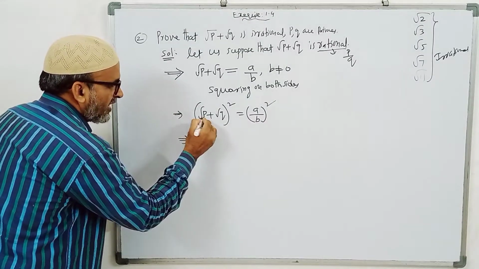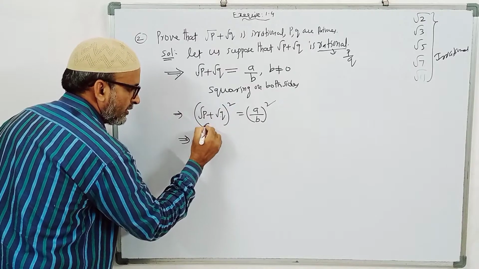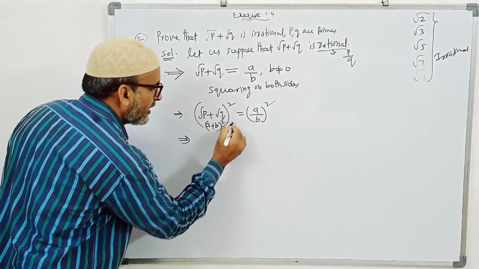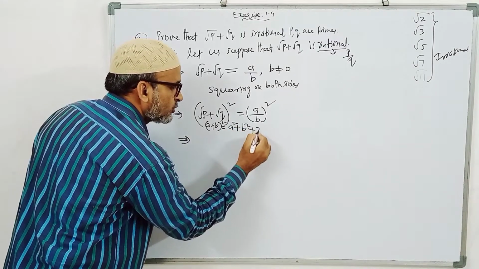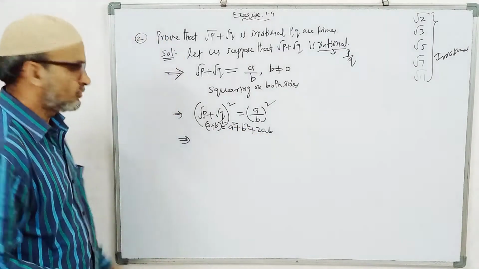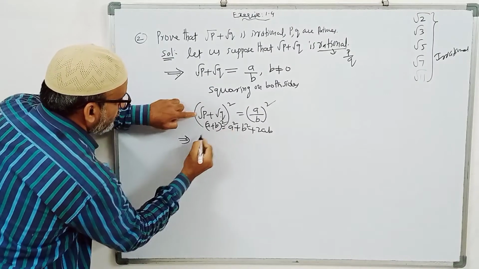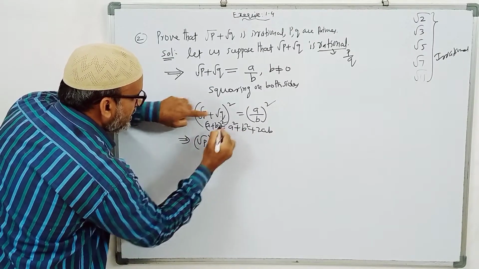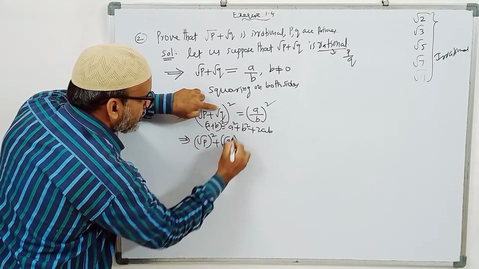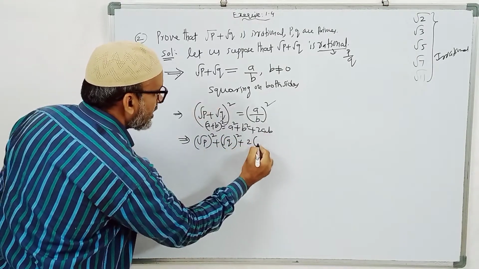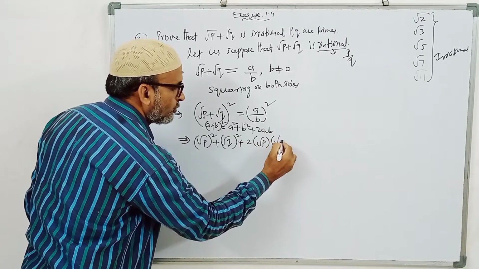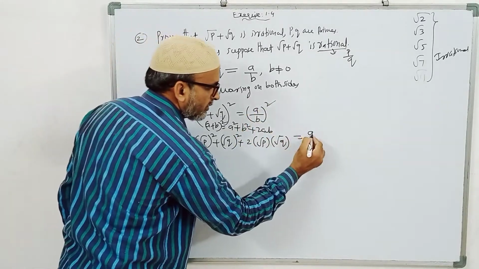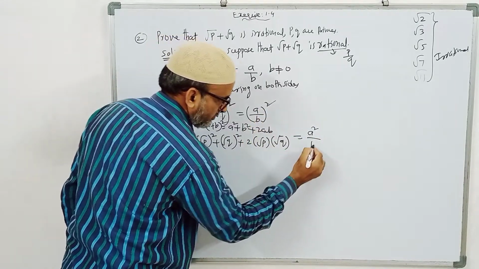The left side is in the form of (a plus b) whole square, whose answer is a square plus b square plus 2ab. Implies root P whole square, root Q whole square, plus 2 into root P into root Q, is equal to A square by B square.